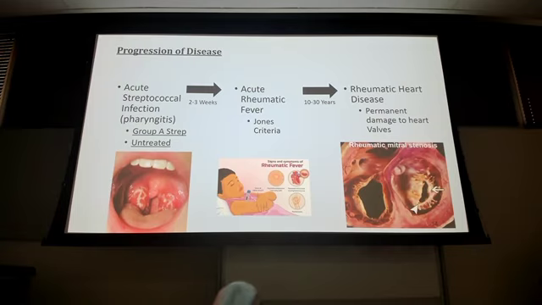And we're going to talk about, I mean, you should all know about, strep tonsillitis and the symptoms of that and everything like that. So we're not going to really focus on that, but we're going to focus on step 2 and step 3 of this progression because it relates specifically to the heart.